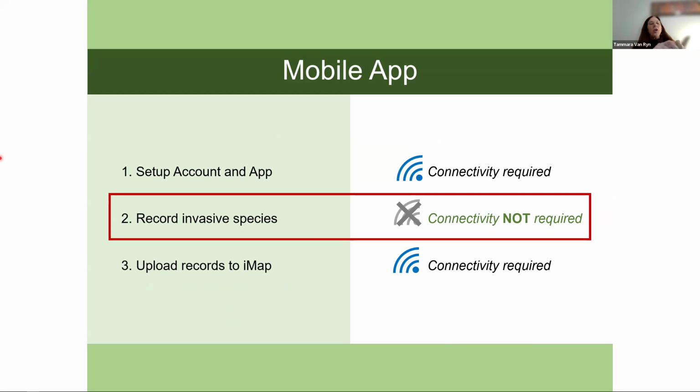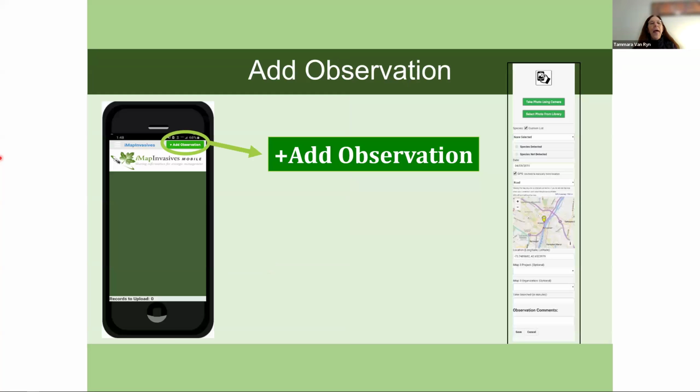You can enter your observations on your mobile app, on your phone while you're out in the field, and then you can upload it when you get back and you've got good email connectivity. So you go in the field, you add your observation, perfectly fine. Most places in the Adirondacks, you don't have cell service, but you can go ahead and add your observation.